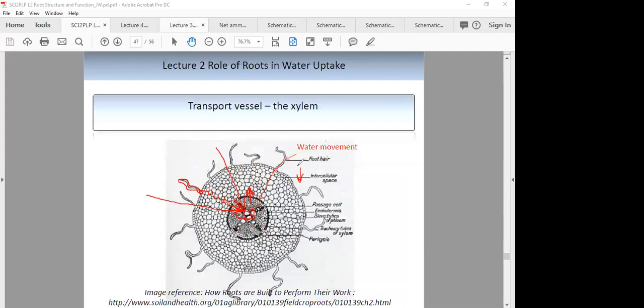So we have a higher water potential in the soil solution, maybe -0.5 megapascals, whereas here it's a higher solute concentration, so it would be a more negative number.